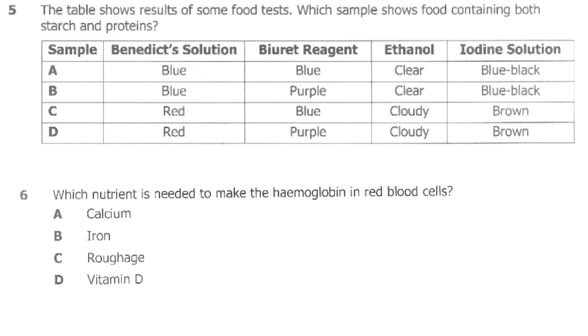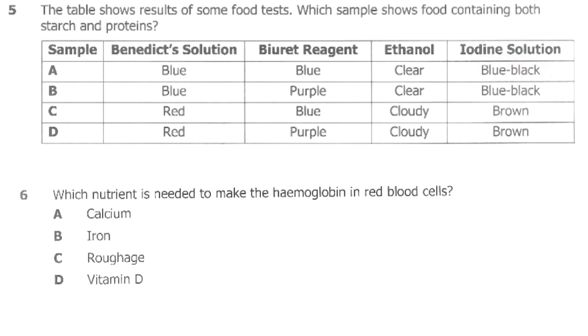So that means reducing sugars were absent. The same sample stayed blue with biuret reagent, which also means proteins were absent. Clear with ethanol means fats were absent. Blue black with iodine solution means starch was present.